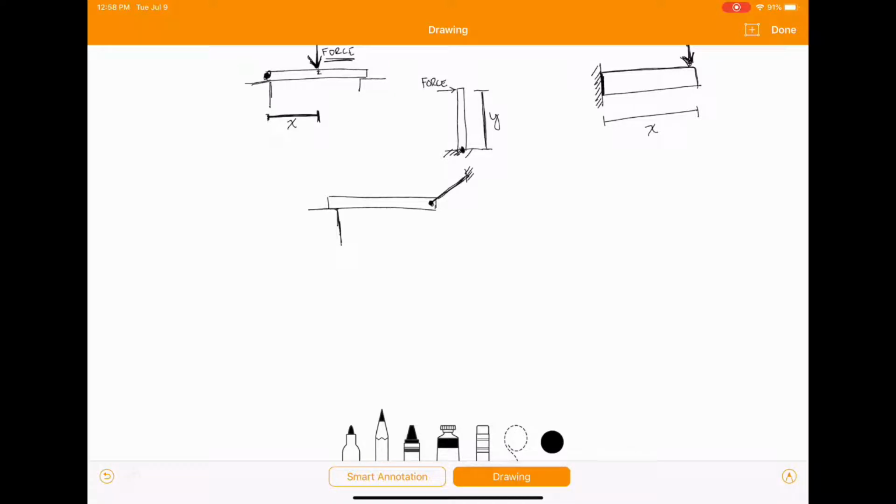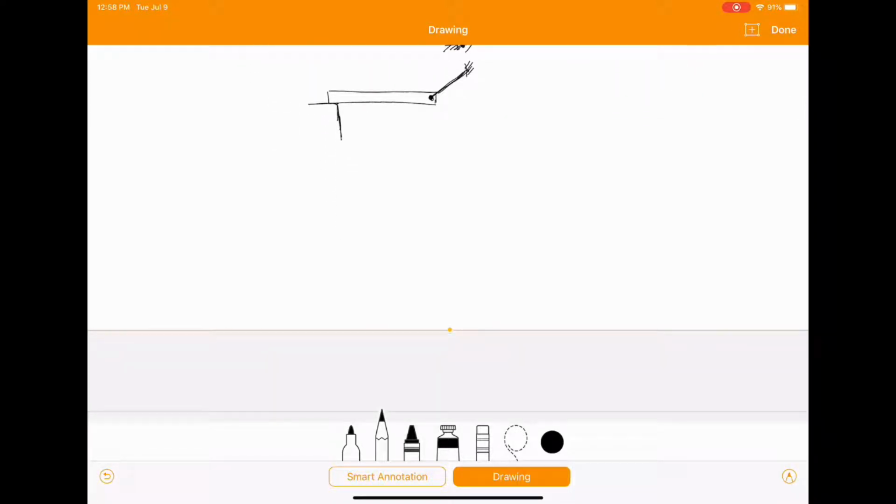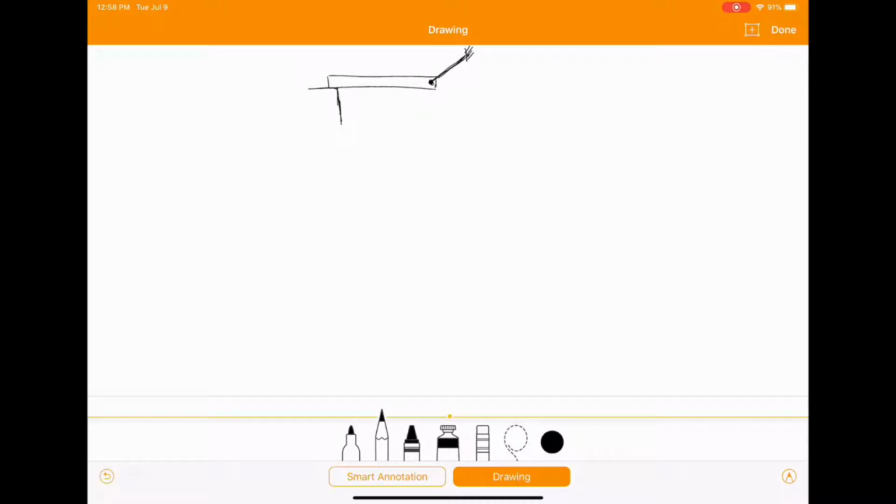So if we were to draw a free body diagram of this situation, we'll have our beam, we'll have our reaction from the wall. Because the wall is holding that beam up, the wall is pushing up on that beam and holding it in place. And then over on the other end, we have a tension force from that rope that is also holding up the beam.